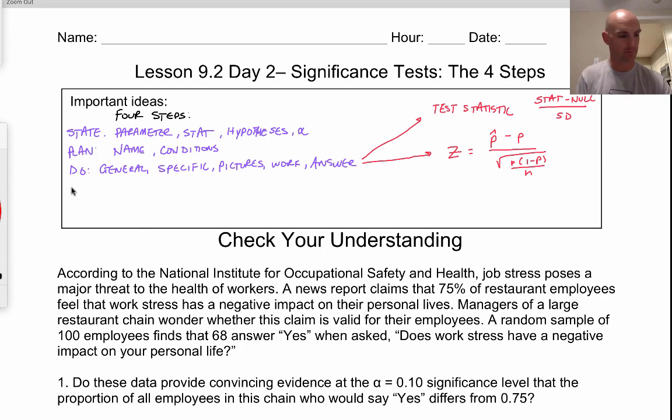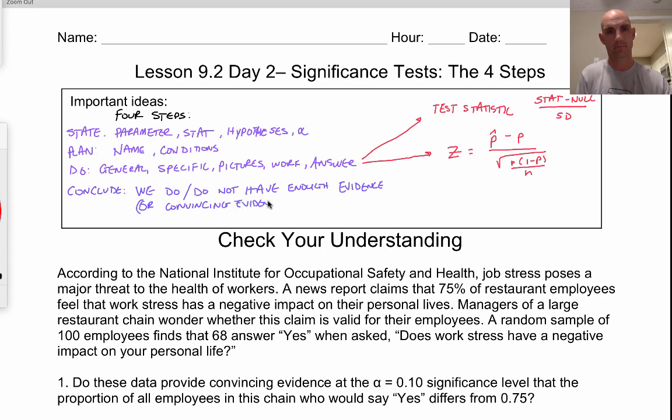Then I'm going to make my conclusion. We're going to say something like this: we do or do not have enough evidence, or convincing evidence, against the null.